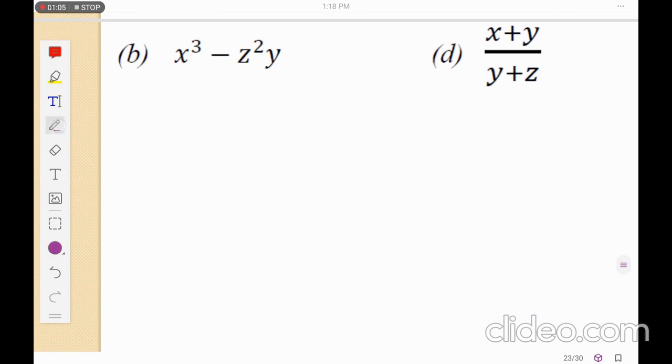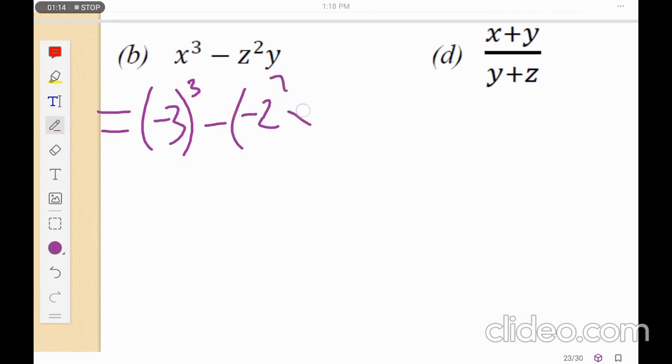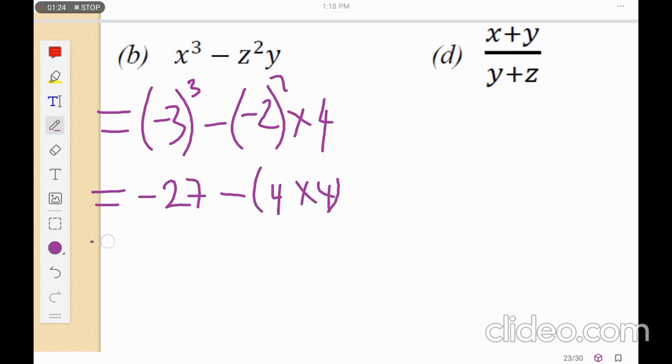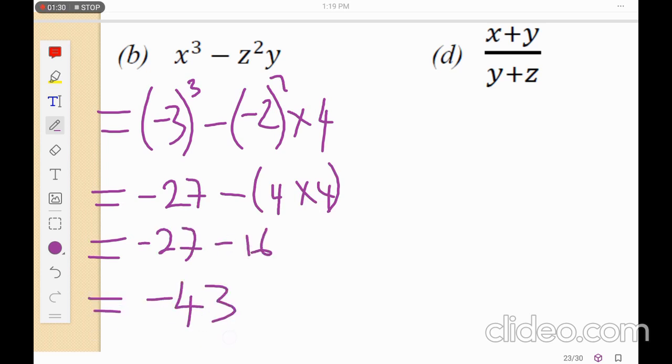I've got x is minus 3 cubed minus z is minus 2 squared times 4. Okay, so I've got here minus 27 minus here 4 times 4. This I get minus 27 minus 16. I'll get minus 43, like that.